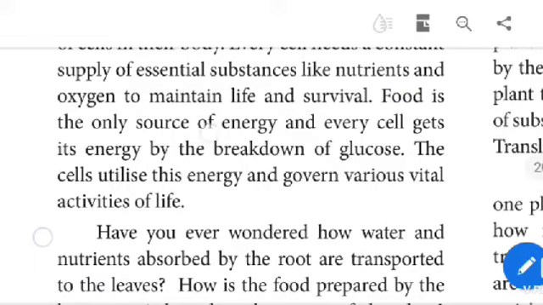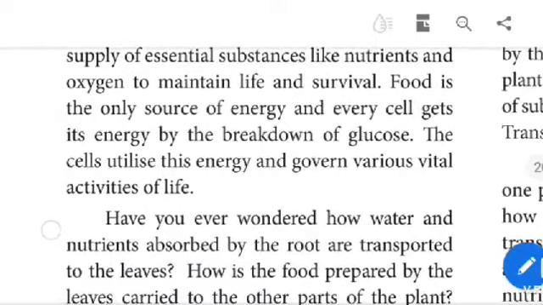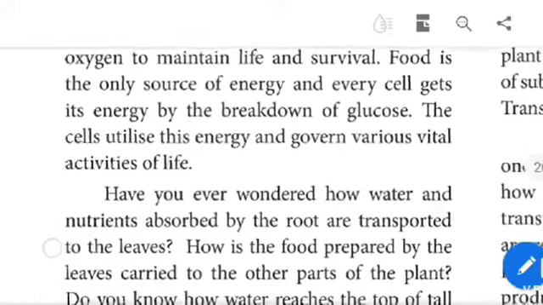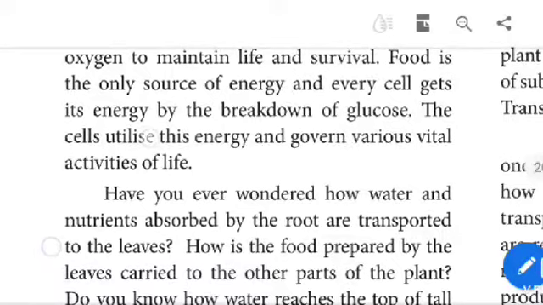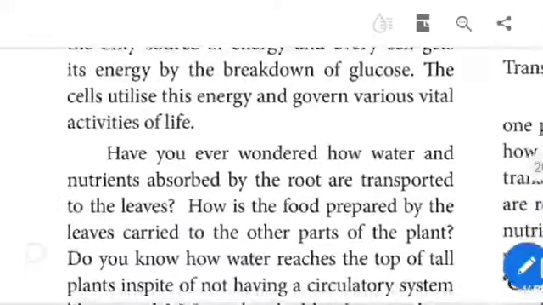Food is the only source of energy, and every cell gets its energy by the breakdown of glucose. The cells utilize this energy and govern various vital activities of life.